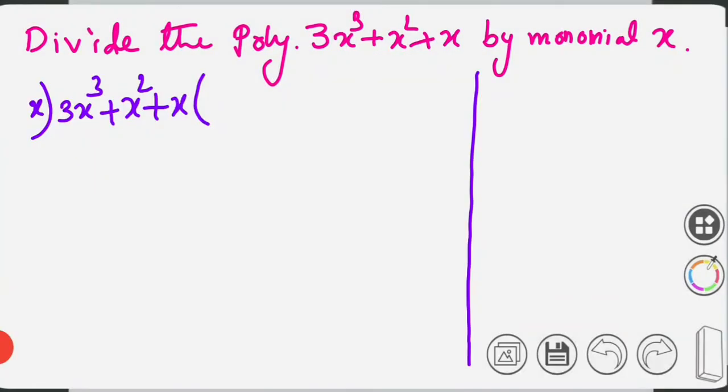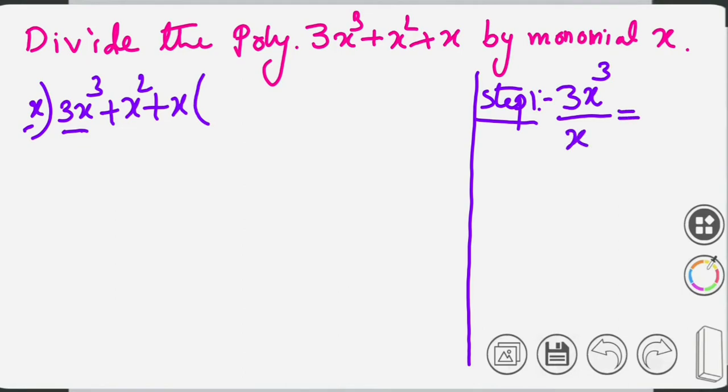So step 1: first term of the dividend by first term of the divisor, that is 3x cube by x, that is equal to 3 into x by x. One x will get cancelled, you get 3x square as the first term of the quotient.